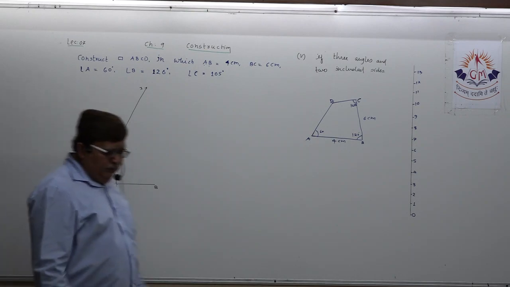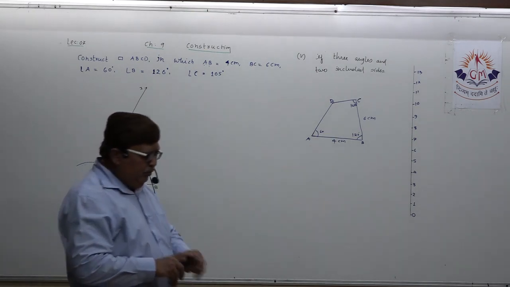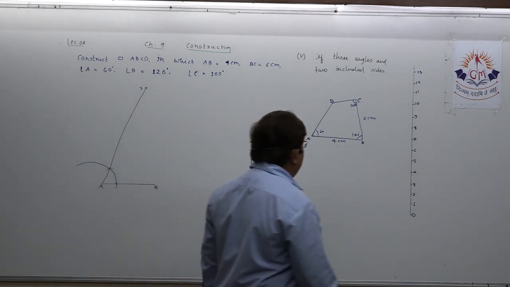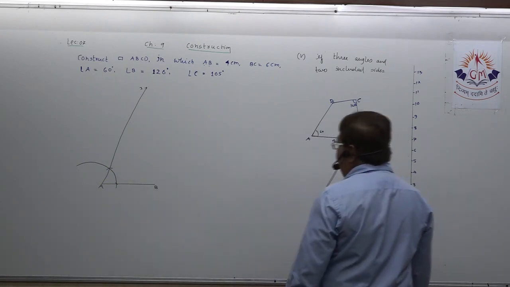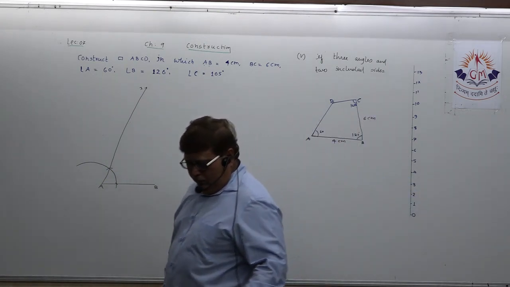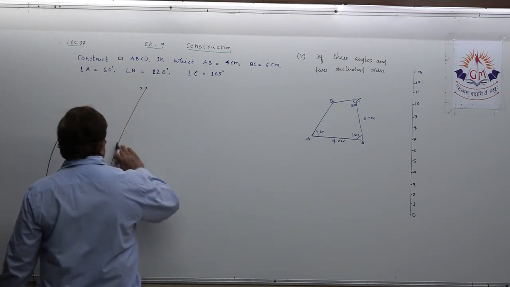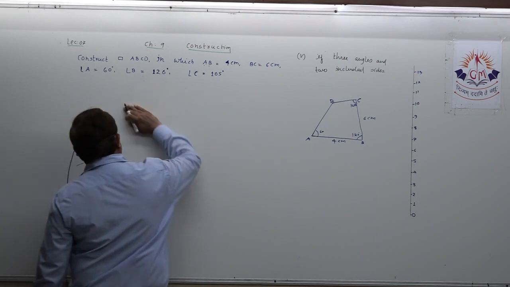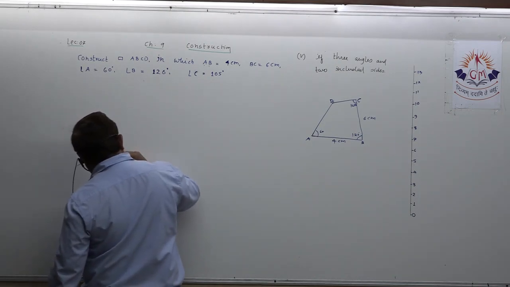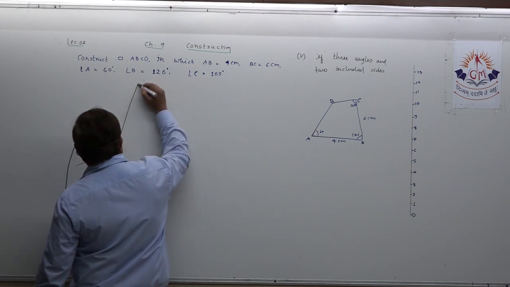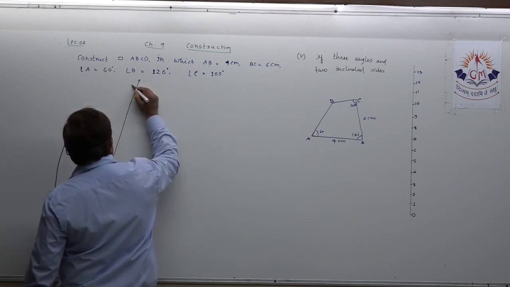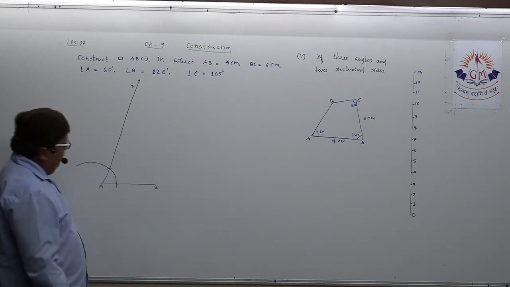Okay, first you make in your book the same way I have done it here. First you construct AB of 4 centimeter, and then you have to target to draw. I am just trying to draw the straight line. Is it clear in your mind?